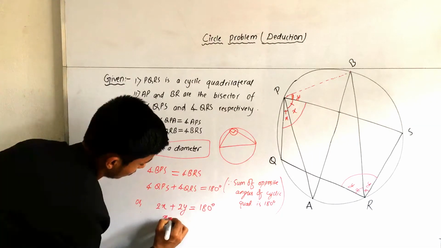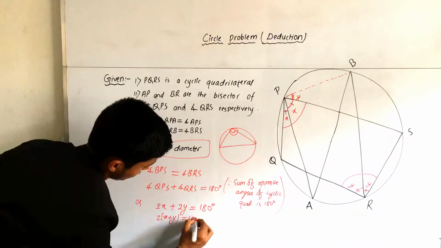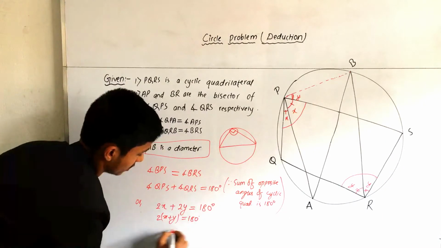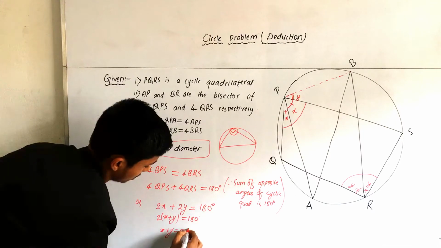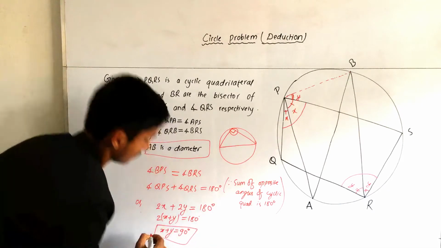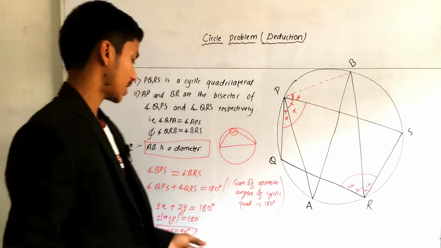Then we can take 2 common, so x plus y is equal to 90 degrees. We have proved x plus y is equal to 90 degrees.